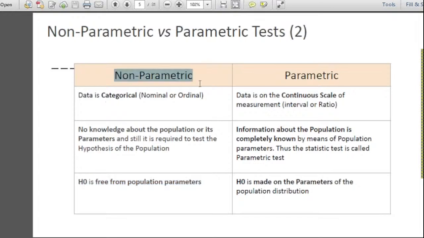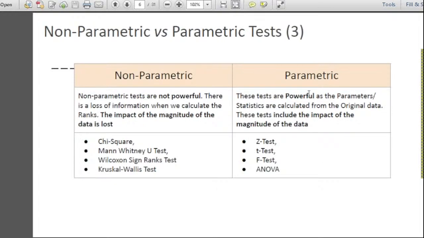Okay. Now this point is very important. Please understand it very well. Though I'm sure you would have got an understanding about the difference, this point is actually the crux of the main difference. Parametric tests are powerful as the parameters and the statistics are calculated on the original data.